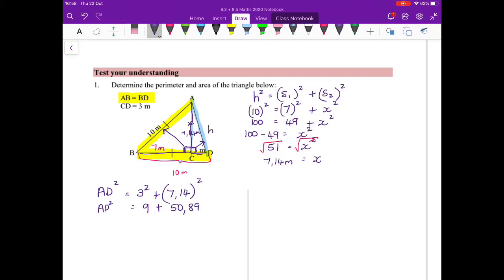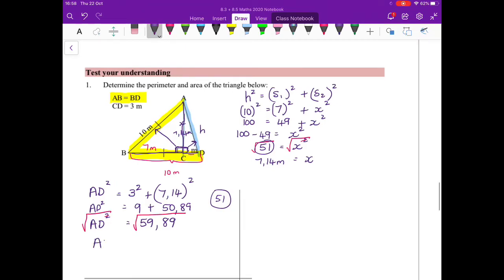If I go and square that, because remember we rounded off, if you went back to 51, it would also be correct because the 51 was there. Right, so AD squared equals 59.89. To get rid of my square, I have to square root, and if I do it to the left, I must do it to the right.